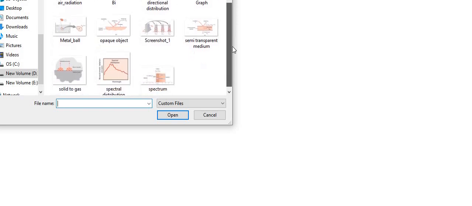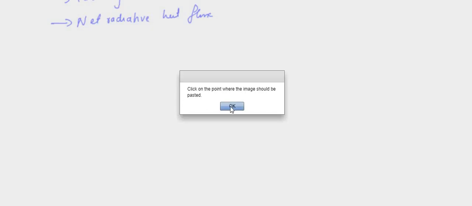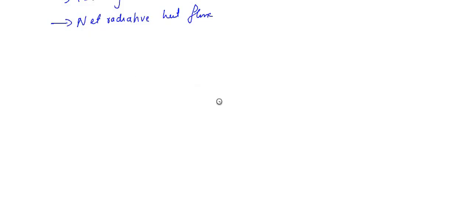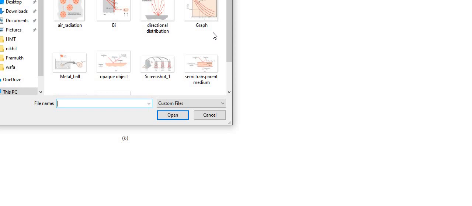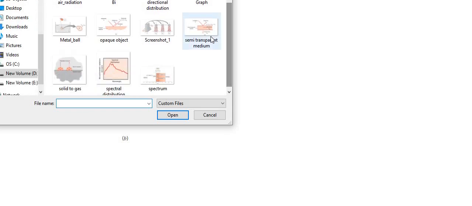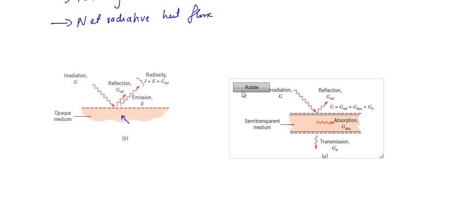So if you look at this picture, in this case no radiation is passing through the object. Whereas the second one is the semi-transparent medium or semi-transparent object.